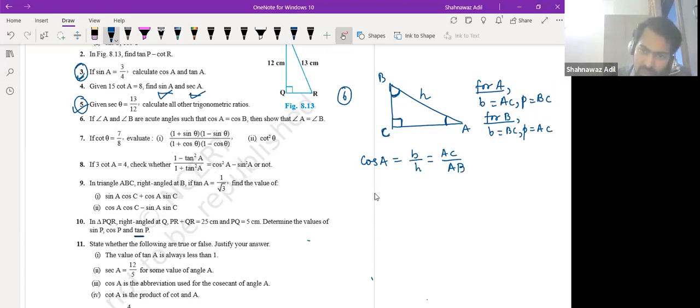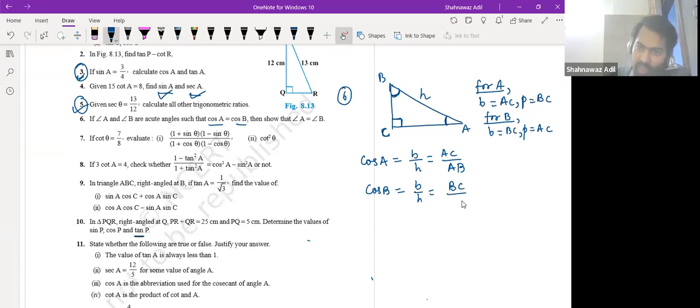In the question, we need to find cos A and cos B and put them equal. Cos B is B by H, which is BC by AB.